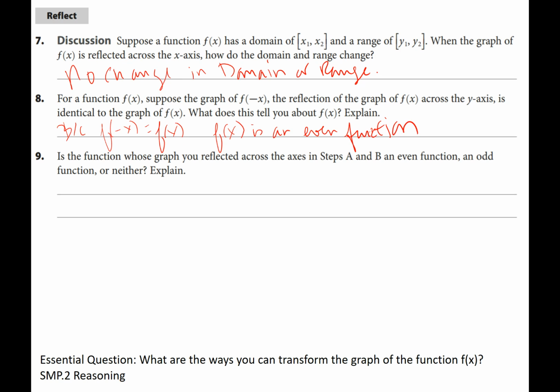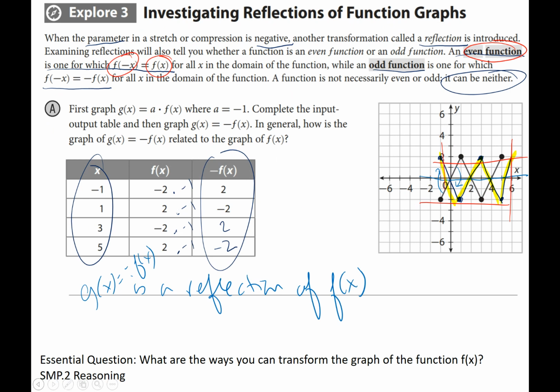All right, is the function whose graph you reflected across the axes in steps A and B an even function or an odd function or neither? Okay, so if I look at this, an even function should look like itself. An odd function should look like the negative of the function, basically. So it should be the same y values, but negative of them.